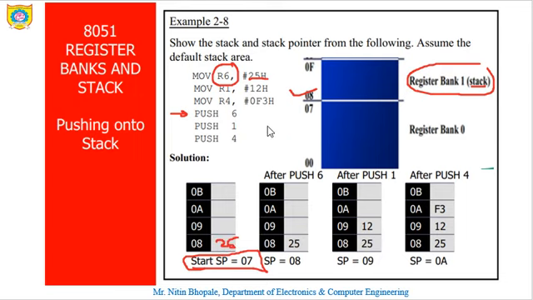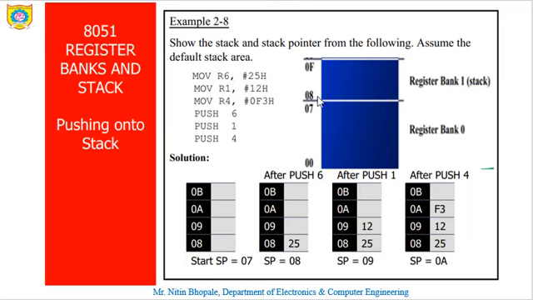While pushing any content to the stack, obviously the stack pointer will increment by 1. The initial location of the stack pointer is 07. Once we push any content to the stack, 07 plus 1 means it will reach location 08, and then the content will be filled at this point.